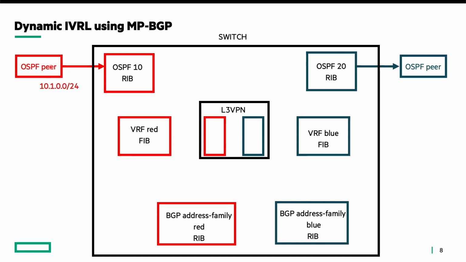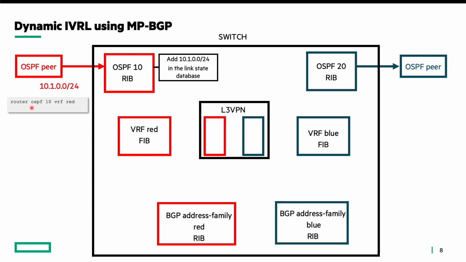Let's say the route advertisement for 10.1.0.0/24 is coming from a VRF white, and we want to advertise these routes, which is a white prefix, to an OSPF peer in the VRF blue.